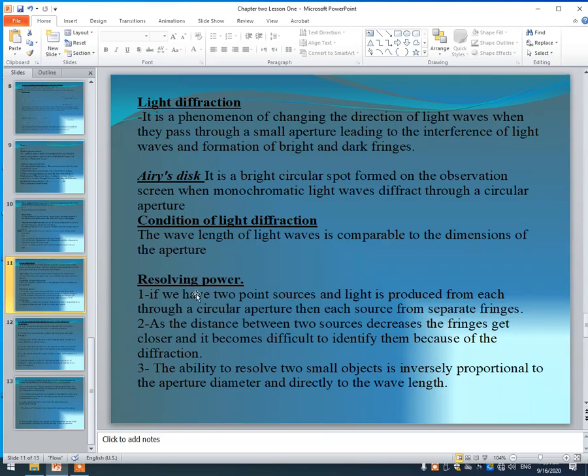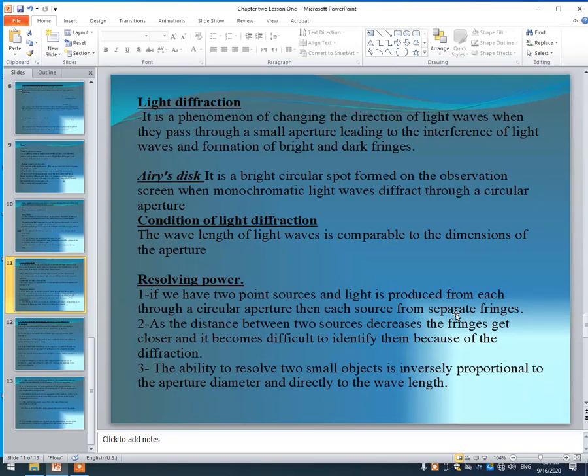Now let us move to the next point, which is called resolving power. If we have 2 point sources, each passing through a circular aperture, then each source will form separate fringes. Again, if you have 2 sources of light, these 2 sources produce 2 separated light waves.